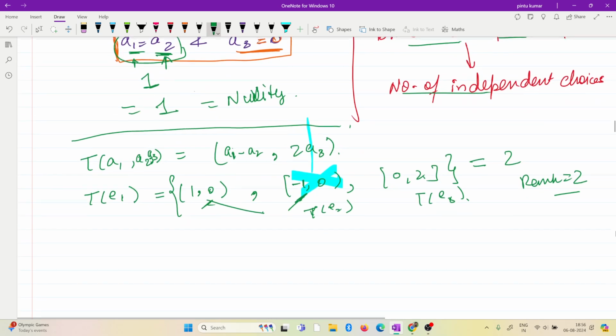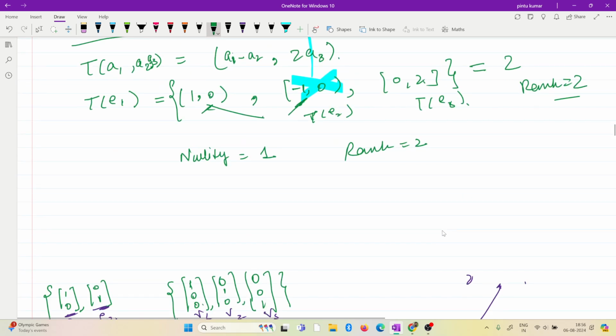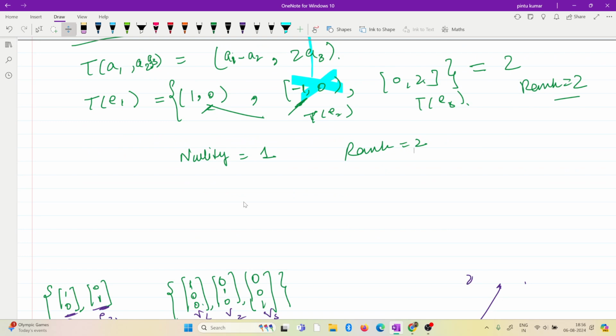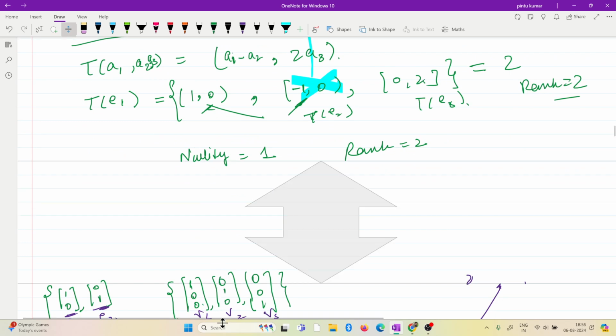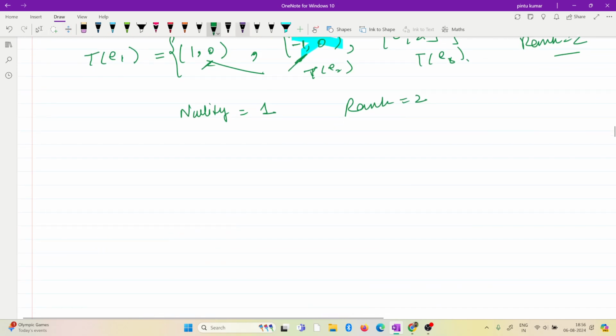Probably I'll solve one more question, then it would be more clear. So the nullity you obtain to be 1, the rank you obtain to be 2. One small theorem I can include over here is known as the rank nullity theorem. Actually, I didn't have this planned, so I didn't include it here. So I'll include it. This is called the rank nullity theorem.